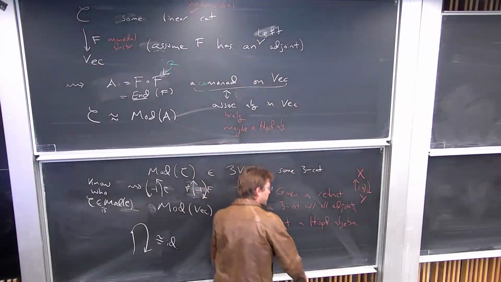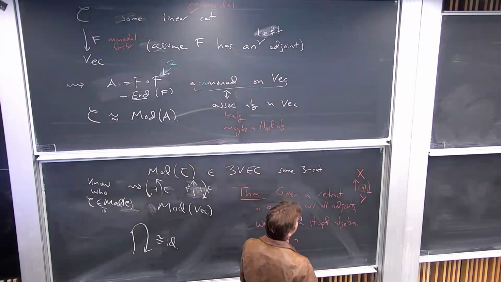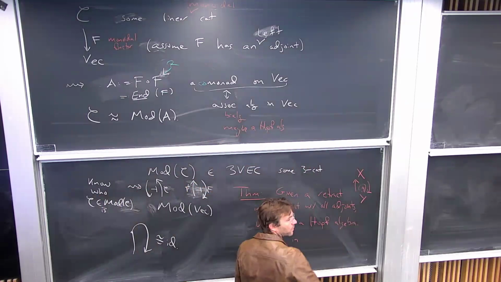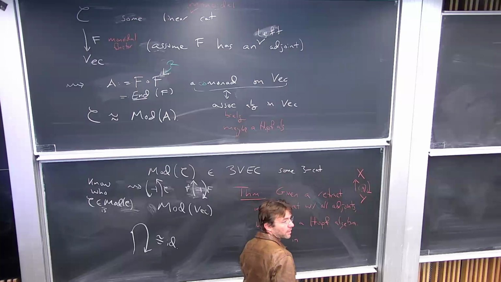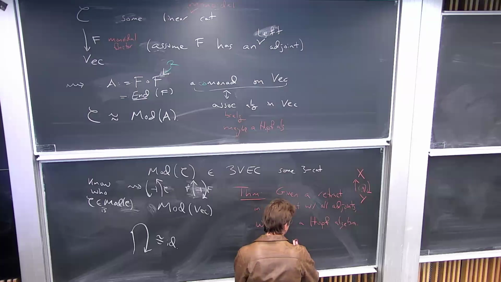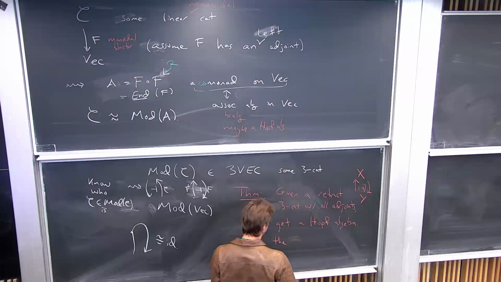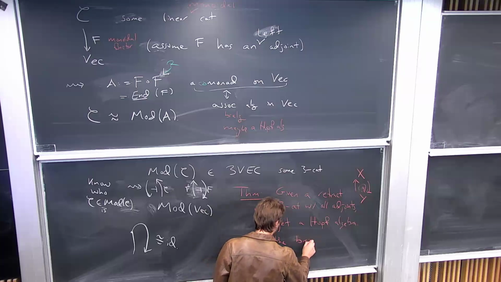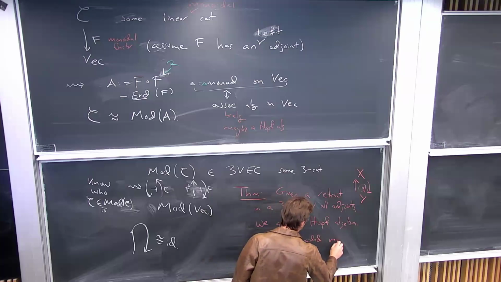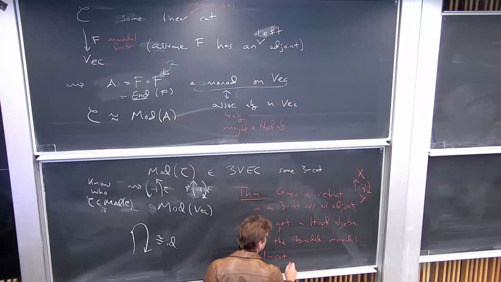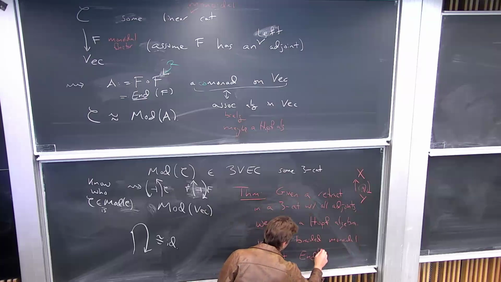Then this is a Hopf algebra in, well, I want to say in the endomorphisms of Y. I'm in a 3-category, so the endomorphisms of Y is a 2-category. And so the twice endomorphisms of Y is a graded 1-category. This is a Hopf algebra object in the graded monoidal 1-category of twice endomorphisms.